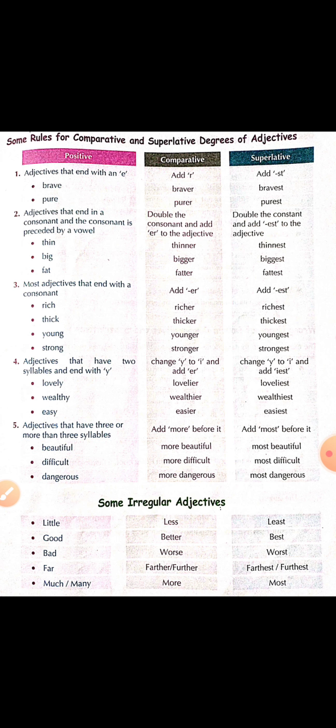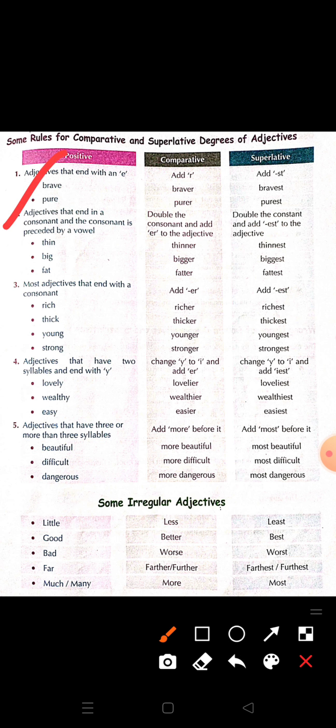Okay, now next one, adjectives that end in a consonant and the consonant preceded by a vowel. So for a word that is ending with a consonant, that n is a consonant, but before that letter if there is a vowel, like i is there in the word thin, so i is a vowel. For this to make comparative, we will double the consonant and add er to the adjective.